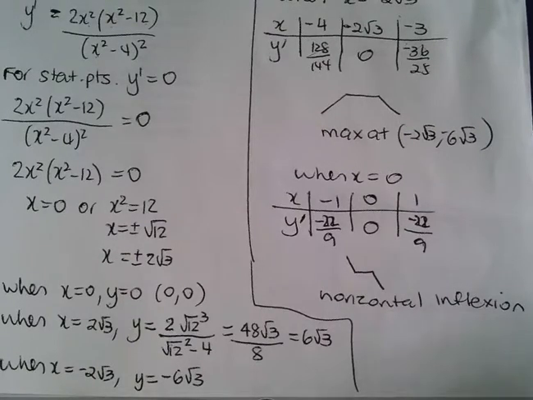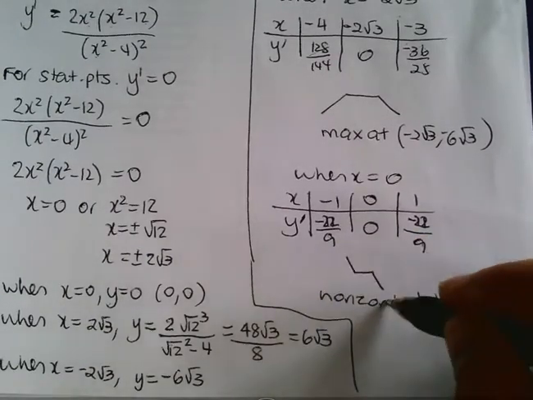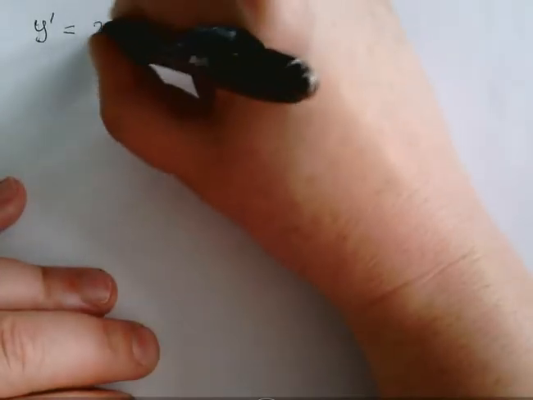But you have to check for concavity change. Well, the gradient does show me concavity change. Look, concave up, concave down. Okay, while we're here, let's just do the second derivative anyway to check for any inflections.